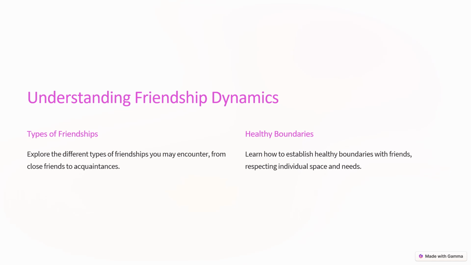Close friends are those people that you may have known for a very, very long time or for a short time. And acquaintances are people that you have in different classes, if we want to categorize it. Establishing healthy boundaries. So you want to learn how to establish healthy boundaries with friends while at the same time respecting individual space and needs of each other.